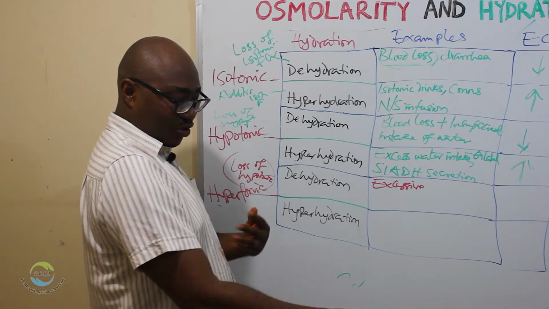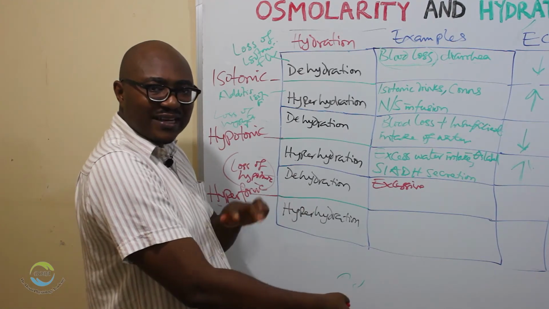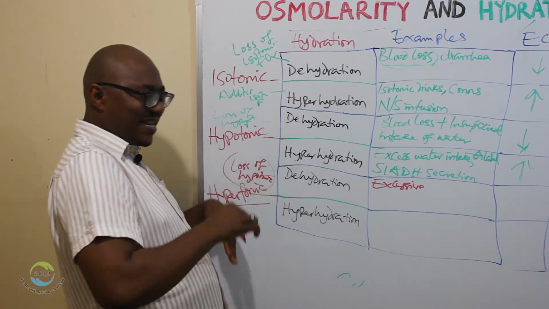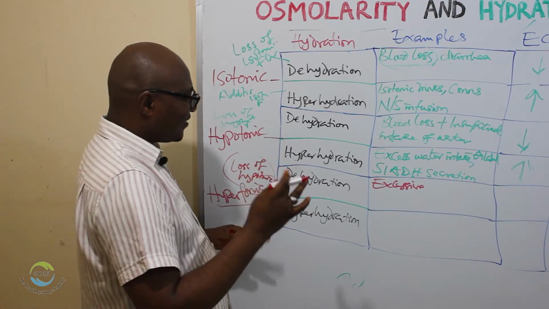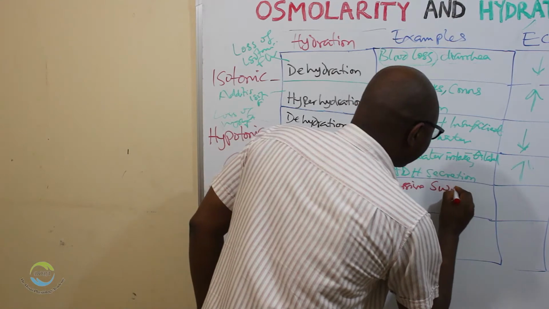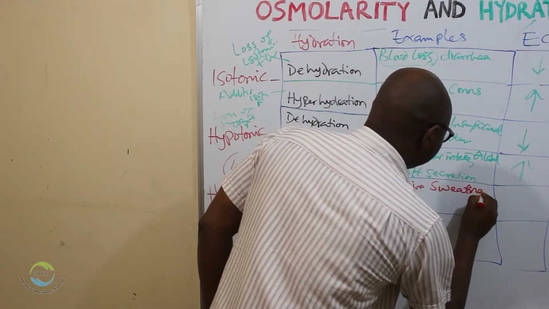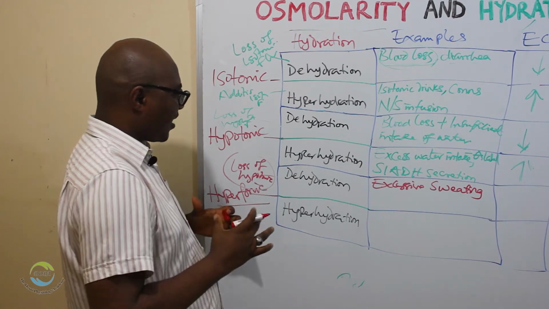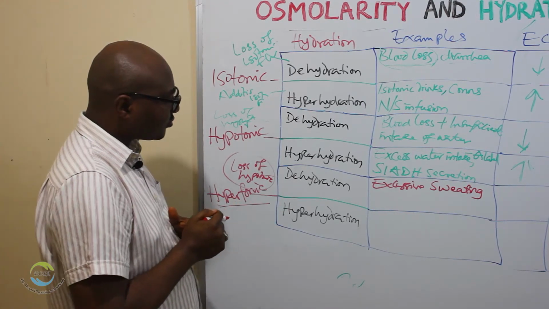When you are sweating so much, you are losing more water than salt. So it's making it hypertonic and you will be dehydrated because of the loss of water. So excessive sweating can cause that loss of hypotonic fluid.